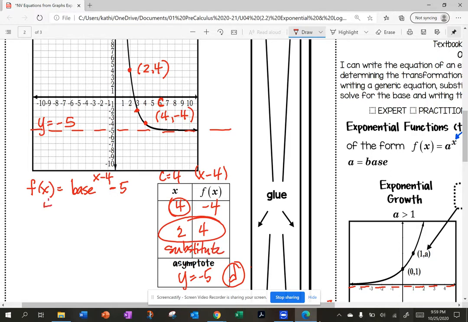So I'm going to substitute in 4 for y and 2 for x. So we got 2 minus 4 minus 5. I'm going to add 5 to both sides first. So I get 9 equals my base raised to the negative 2 power.